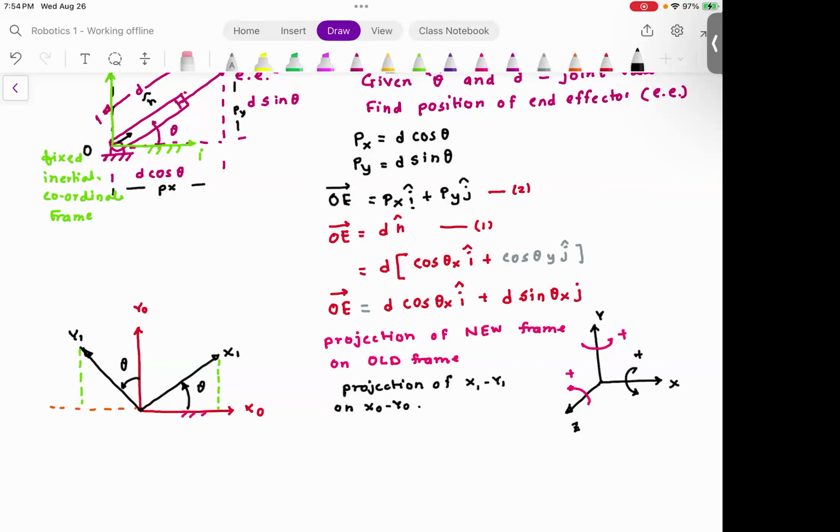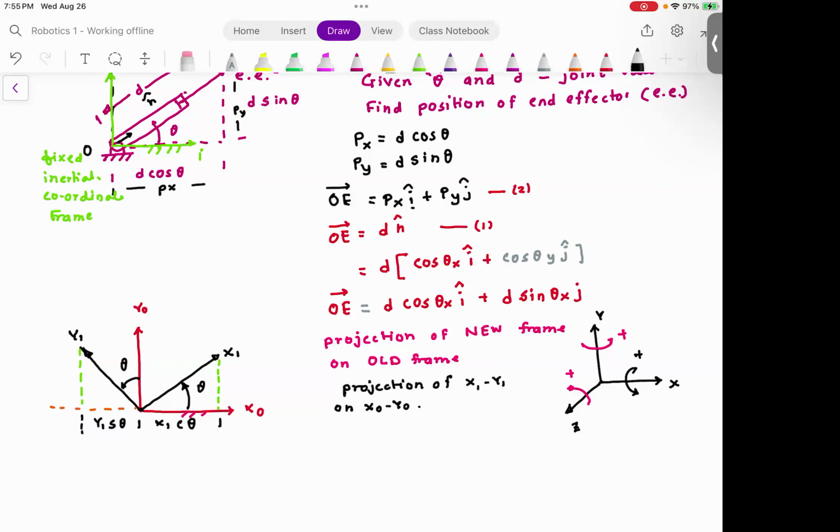Since the angle is theta, this guy is x1 cosine theta. And since this angle is theta, this guy is y1 sine theta. Do you agree with me? The only difference is x1 cosine theta is aligned with positive x0. y1 sine theta is aligned with negative x0. You agree with me?